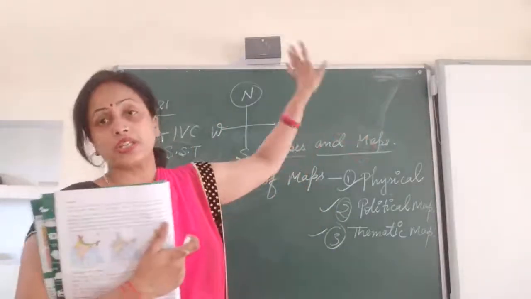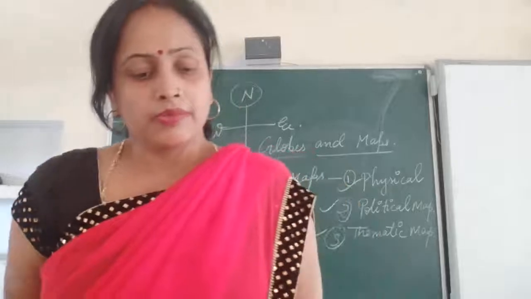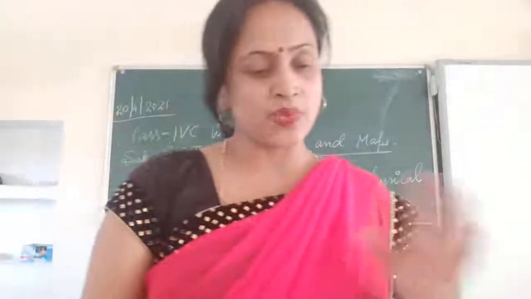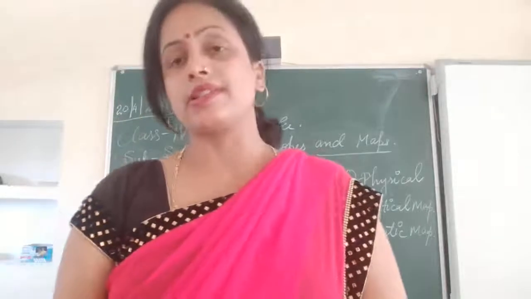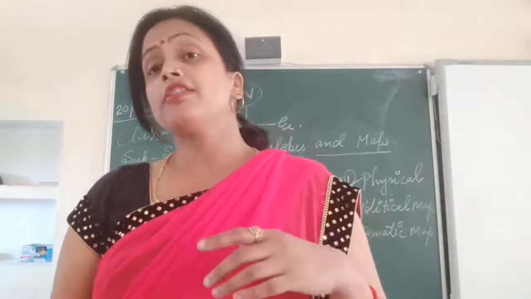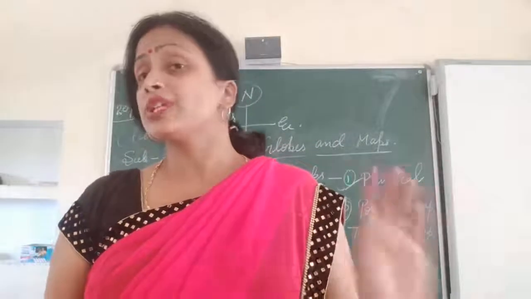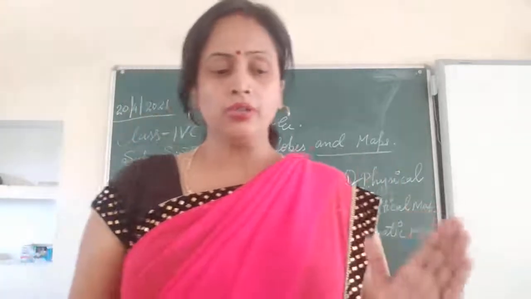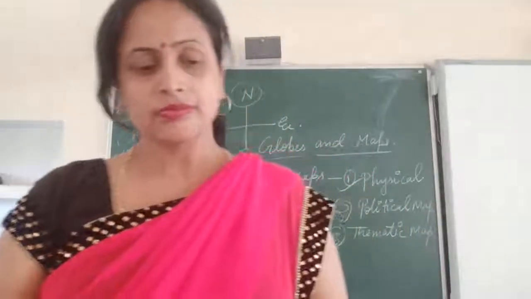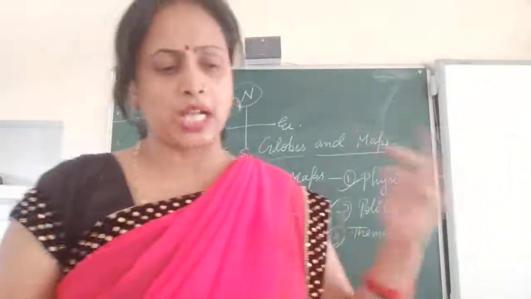By these we can know the directions and the places where they are situated. We can't find out the places exactly if there is no direction. So first of all, directions are very necessary to know a particular place. Places may be exactly located with the help of direction.